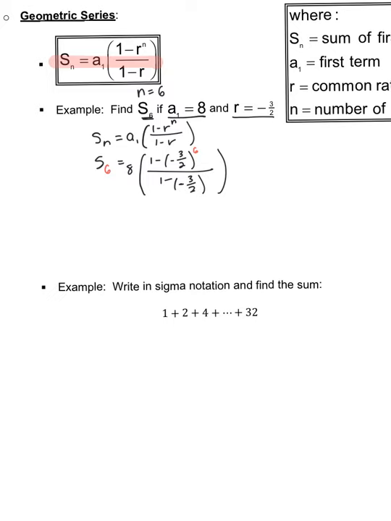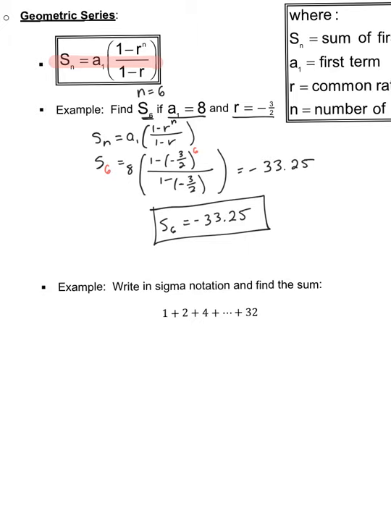There we go. Okay, so if you want to put that in your calculator, you would get -33.25. So that means that if I were to add the first 6 terms of that sequence together, that is the number that I would get.